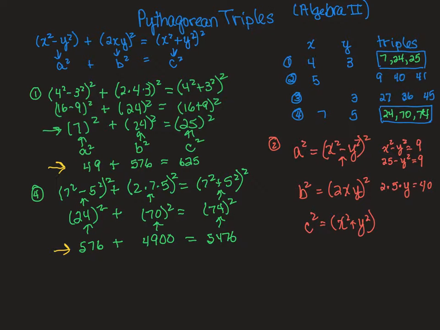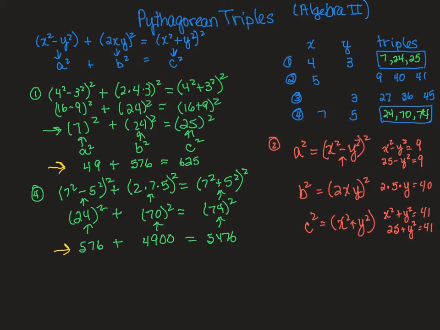And X squared plus Y squared equals 41, because that's my third triple. So 25 plus Y squared equals 41.